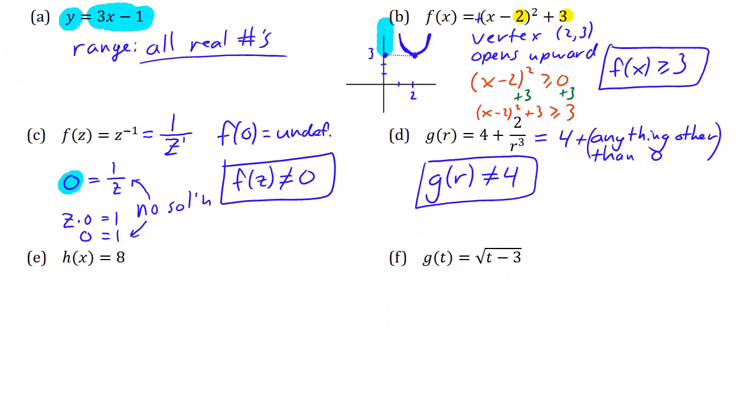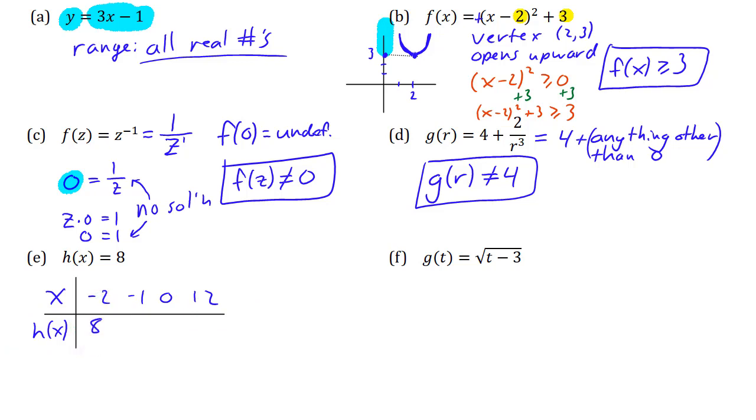How about h of x is equal to 8? Well, let's see. No matter what x you plug in, you're going to get 8. If you're going to make a table of this, it would look like so. If you plug in negative 2, the result is going to be 8.